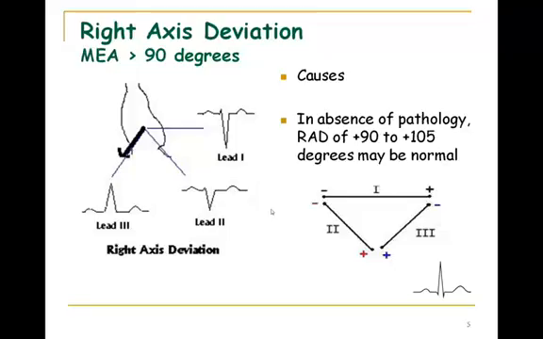Those who are short, maybe a little chubby, with big bellies: being overweight will sometimes move that heart up a little bit to the left. So those people may have mean electrical axes a little bit more to the left. So it's a little tidbit of information that you may see.